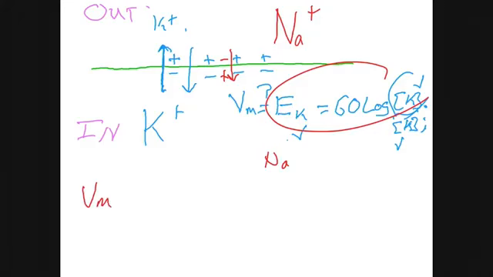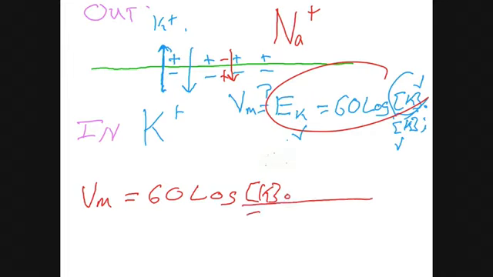And that equation states that the membrane potential is equal to 60 times the log of the outside potassium concentration divided by the inside potassium concentration. Looks kind of similar. Plus alpha, I'll say what alpha is in a minute, the outside sodium concentration, and the inside sodium concentration.